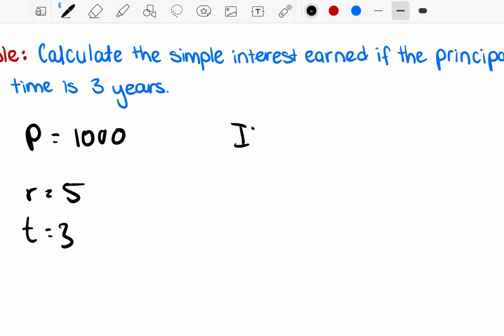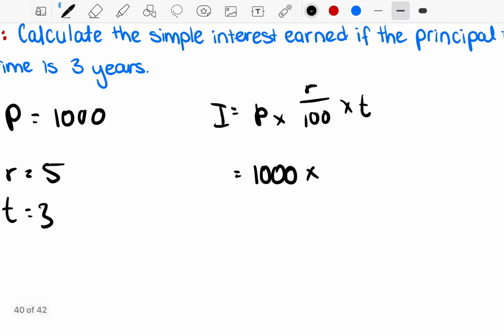So I equals P times 5 over 100 and then times 3.